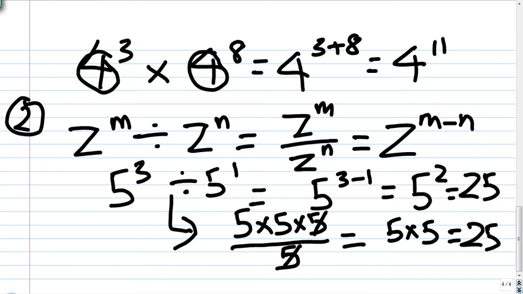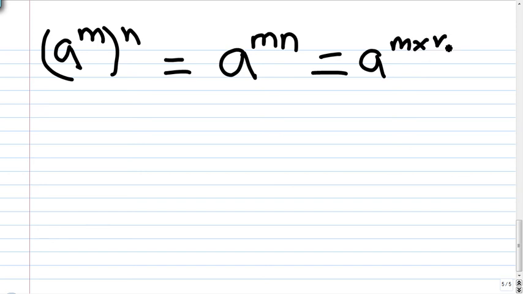Let's move on to the third and last formula. If you have a to the power m, bracket n, you can expand this to be a to the power of m times n.